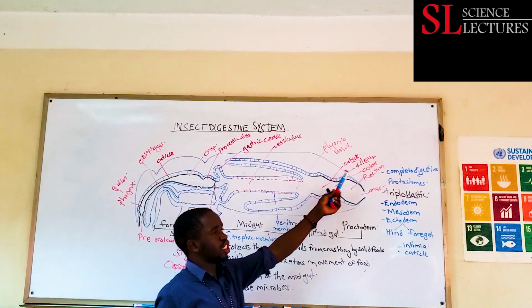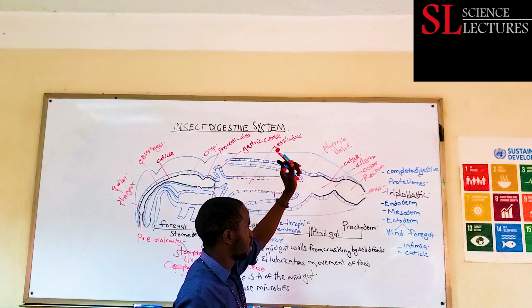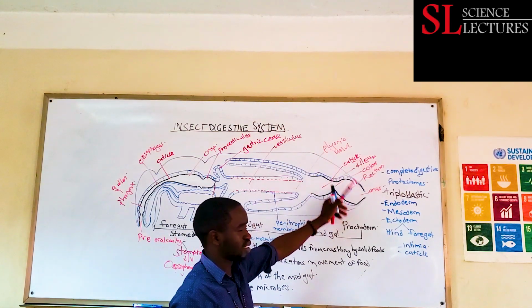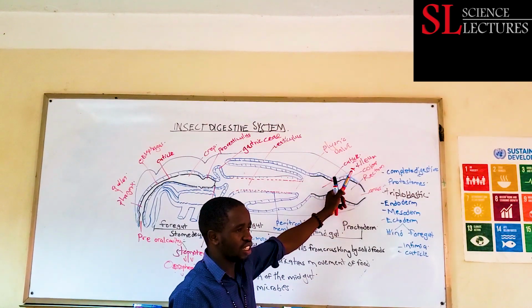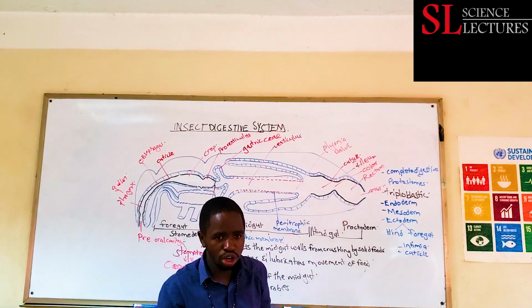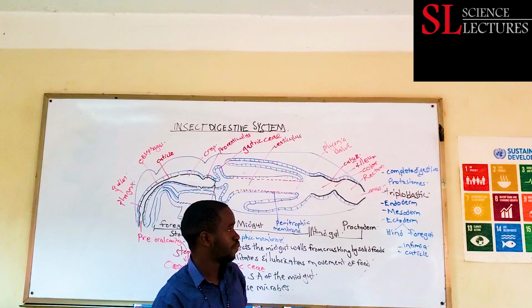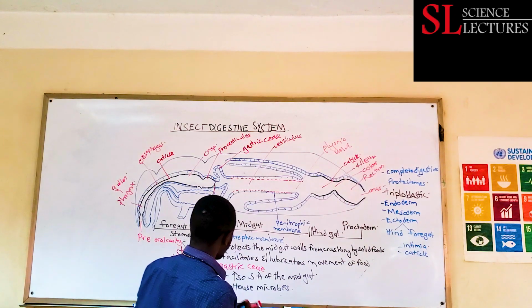The ileum is where the process of digestion is complete and absorption of food takes place. The colon is where reabsorption of excess water takes place. The rectum stores feces for the insect. However, this rectum has what they call rectal pads. The rectal pads make sure that all water that would be exuded within the feces is reabsorbed back into the body. And the anus is where feces are removed from the body.